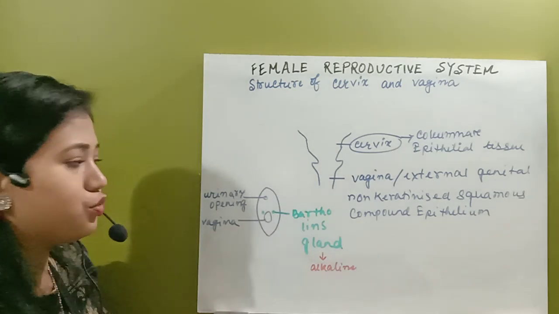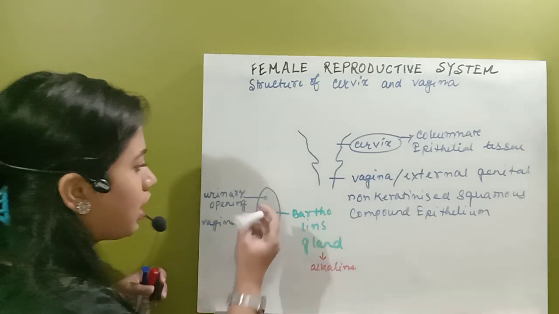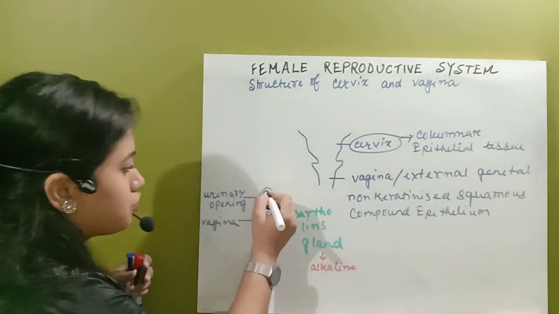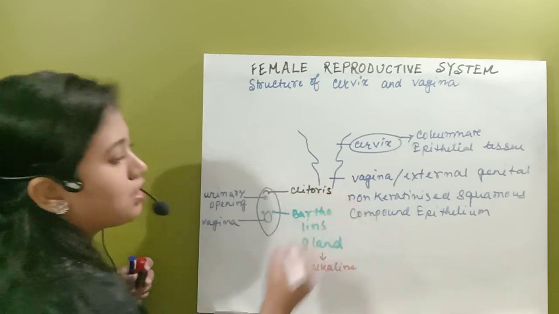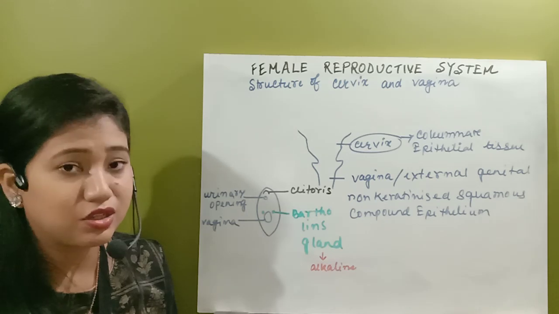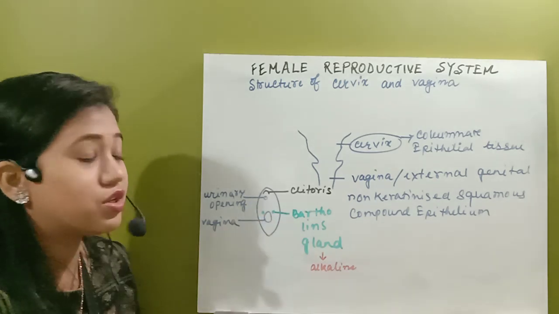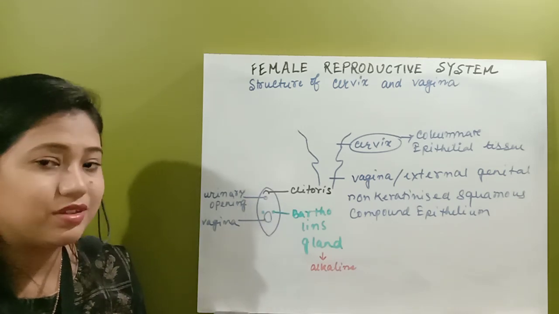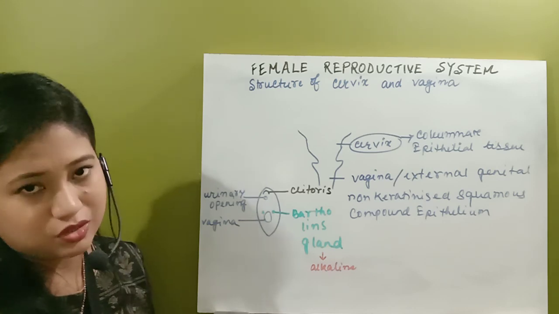Now, above this urinary opening, we have a structure that actually has nerve endings, known as the clitoris, and this clitoris is the homologous organ to the male external genital, the penis. In the penis as well as the clitoris, both have nerve endings, and this is actually the homologous organ.